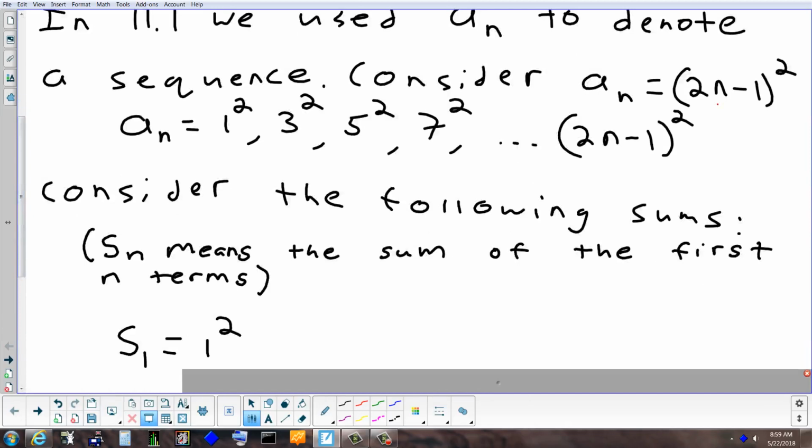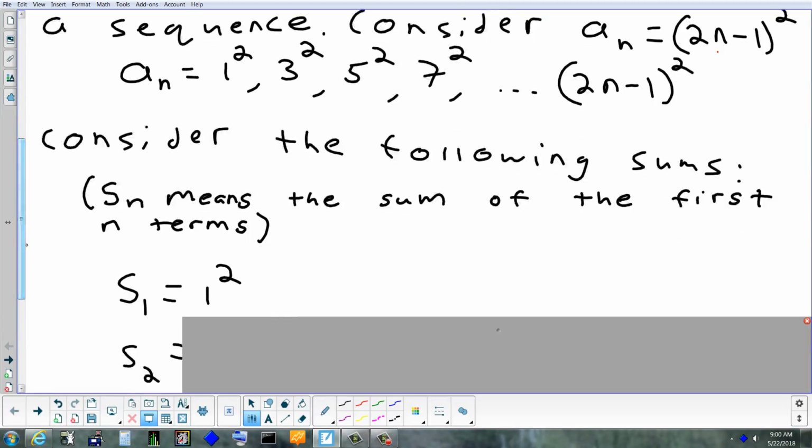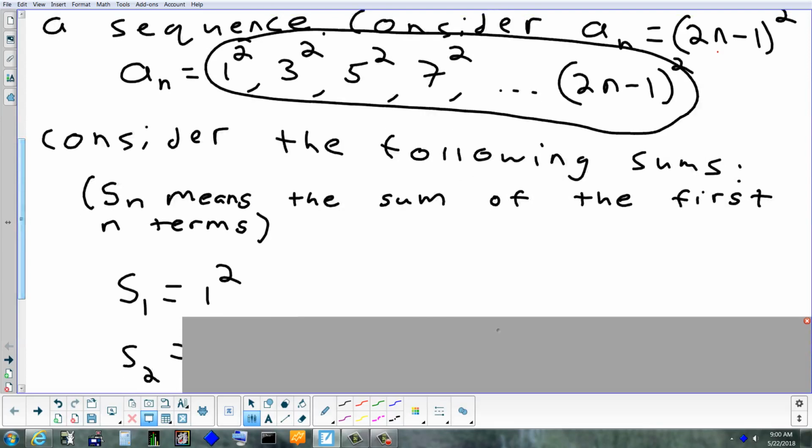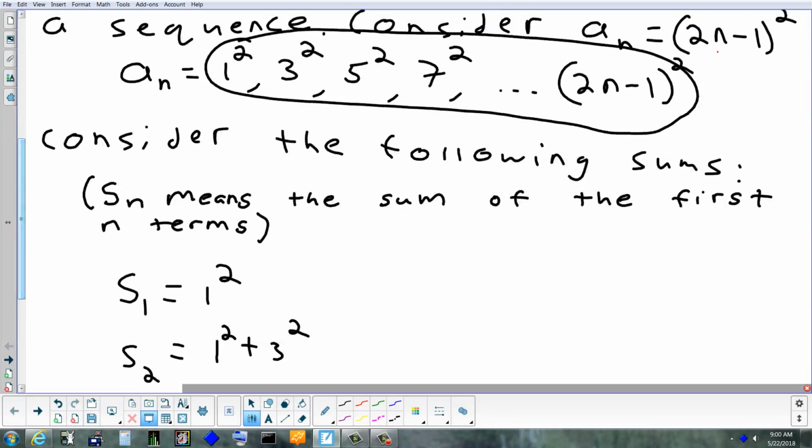Well, if you add up the first 1 terms, it's just the first term. S sub 2 would mean take your sequence and in what I just circled, add up the first 2 terms. So now it's 1 squared is the first one, plus 3 squared is the second one.